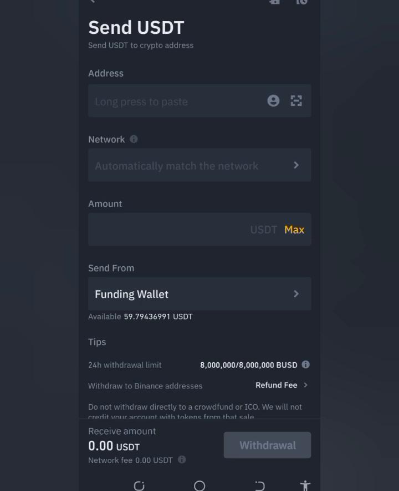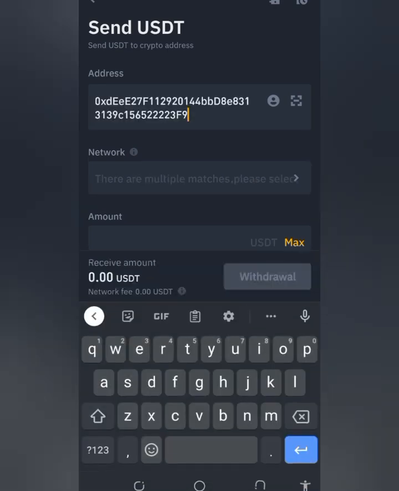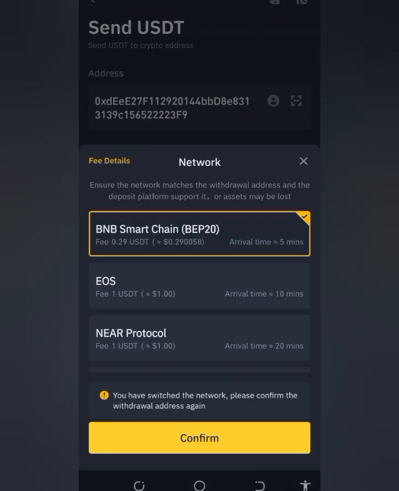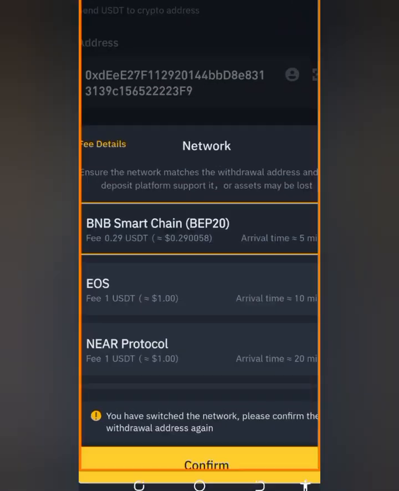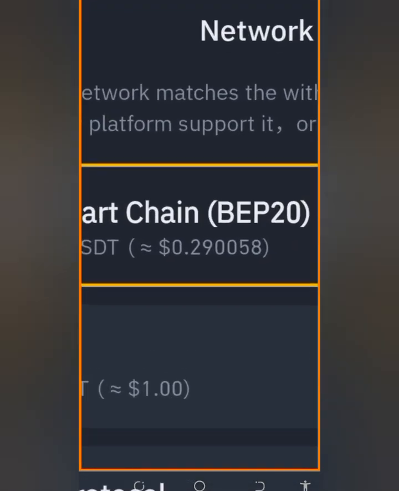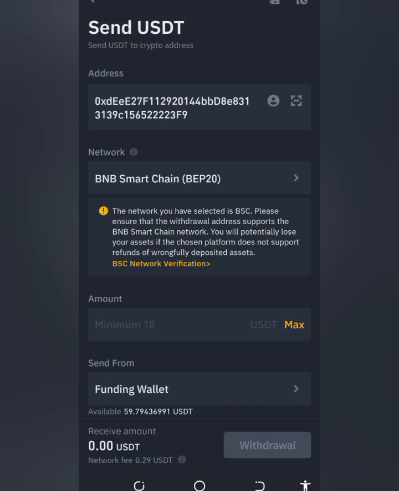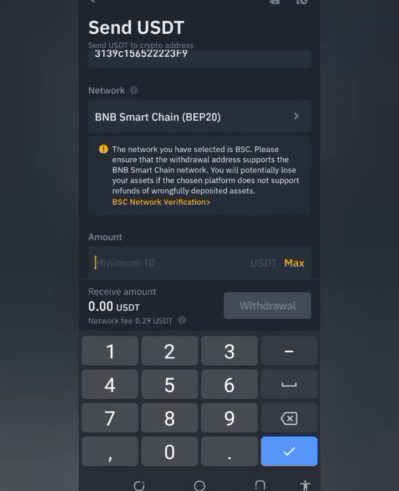But first of all, the address, we need to paste it. The network should show up by itself. So that's BEP. Can you see the transfer fee is 29 cents. Let's just say 30 cents. And then the amount is supposed to be $10. I have to add that, 10.3.